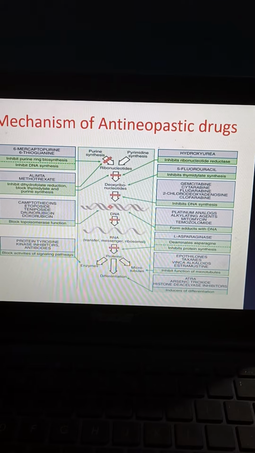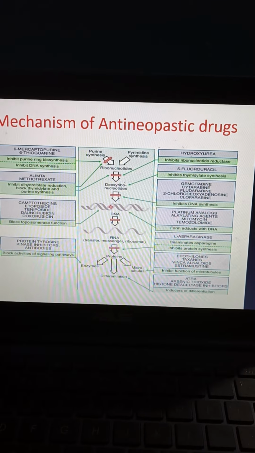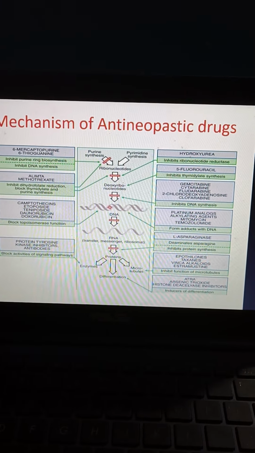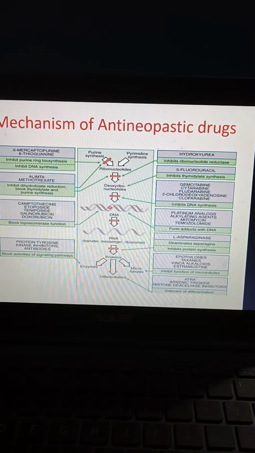5-fluorouracil inhibits thymidylate synthesis, which means it inhibits deoxyribonucleotides.